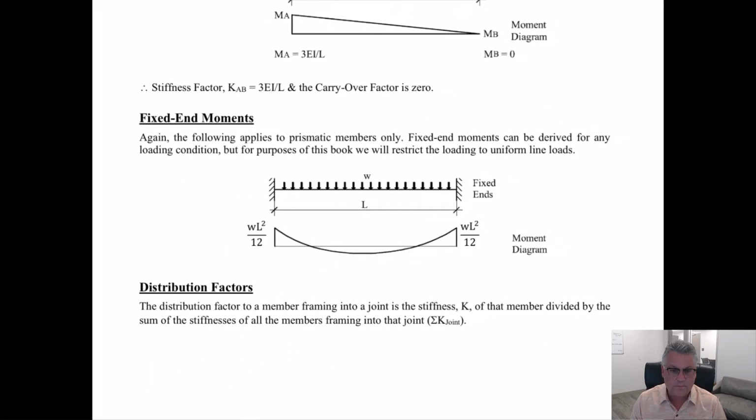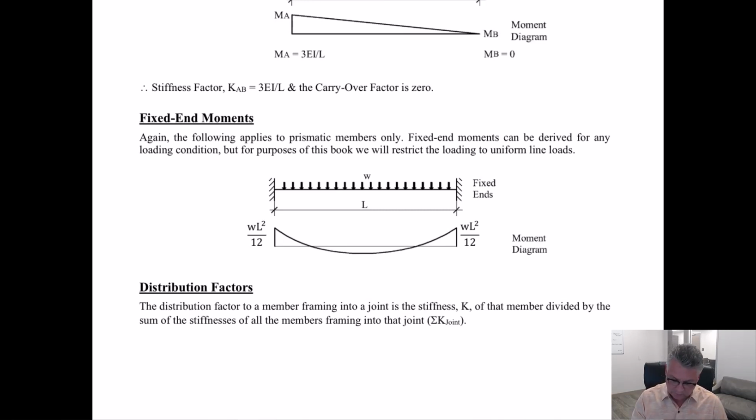Every once in a while on a test, I will put a point load on, or a point load will be created by the pre-stressing, and we'll have to incorporate that point load into the fixed end moment. I will always give you the fixed end moment in that case, or the equation for it, if that comes up.